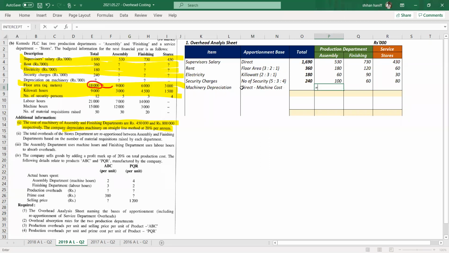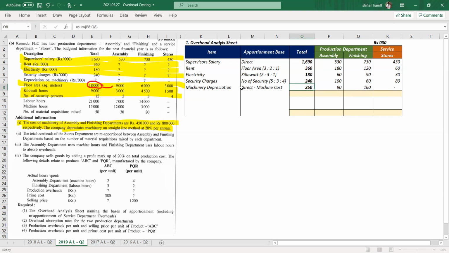It's 20%, 450,000 into 20%, 0.2. 90,000 is for assembly, 800,000 into 20% is for finishing department. So there is no machine in the stores. This is 90, this is 160.